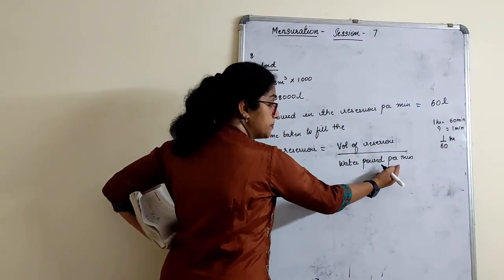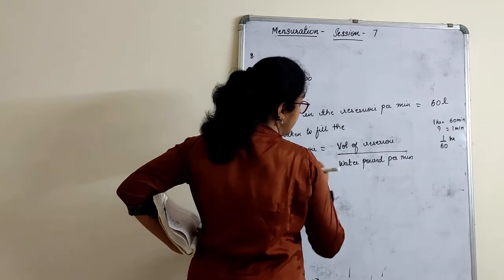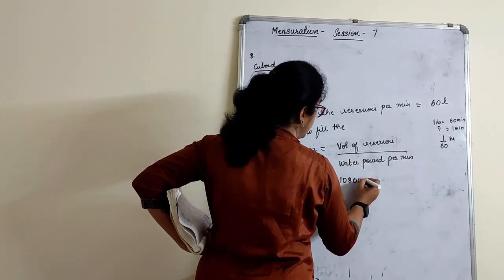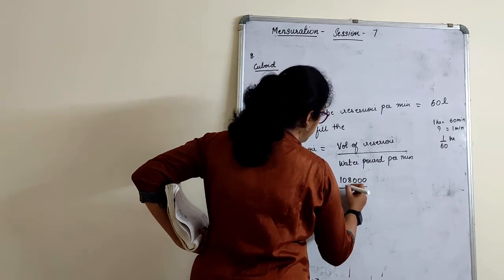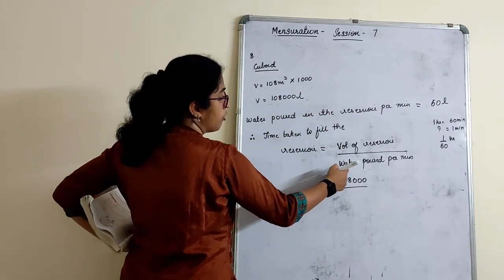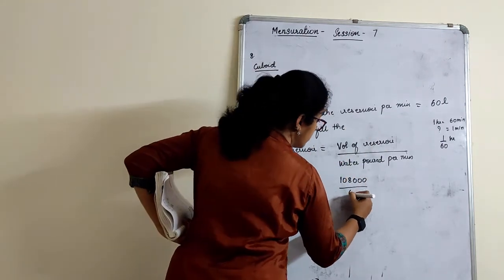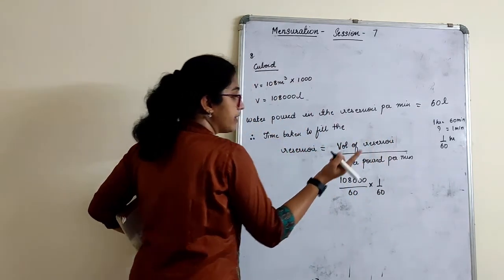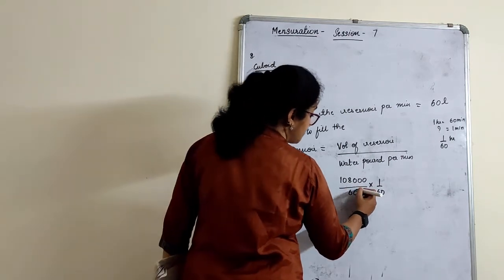So water poured per minute in terms of hours I have to write. Volume of the reservoir is 108 followed by 3 zeros, divided by water poured per minute, 60 liters into 1 by 60. Why? Per minute we converted that in terms of hours.